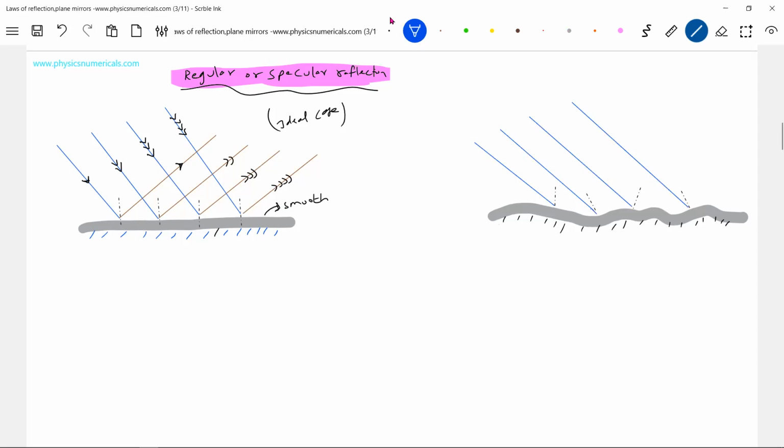Now the reflected light: the angle of incidence equals the angle of reflection at each point.